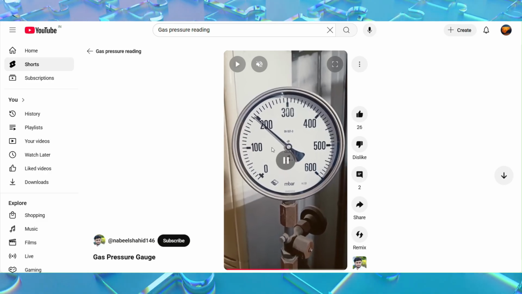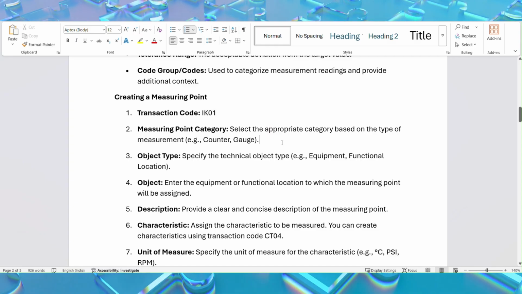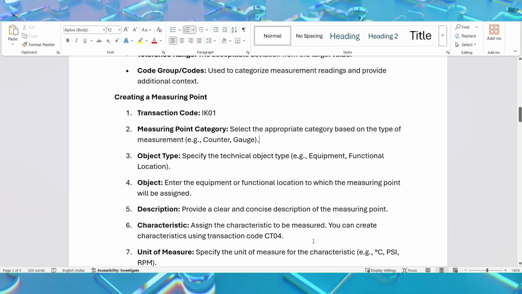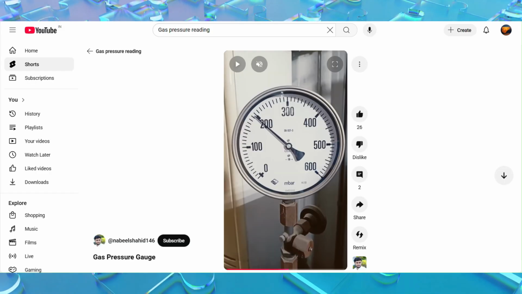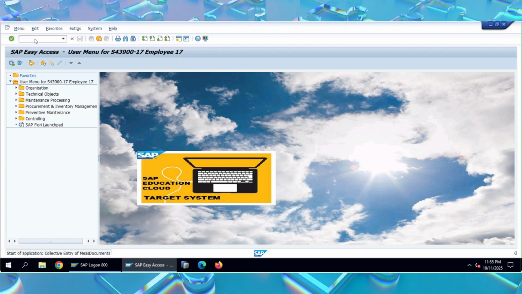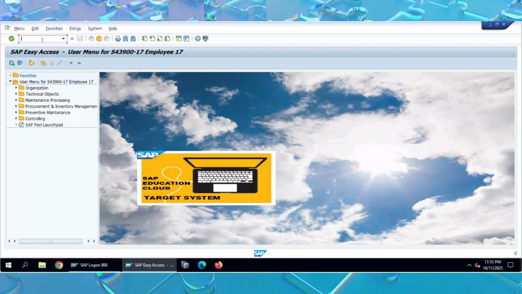So it is known as a non-counter one. Okay, because it gets varied. Okay, so now how does it look like in the system? Let us see that thing as well. Okay, so let us see how a measuring point looks like in the system.